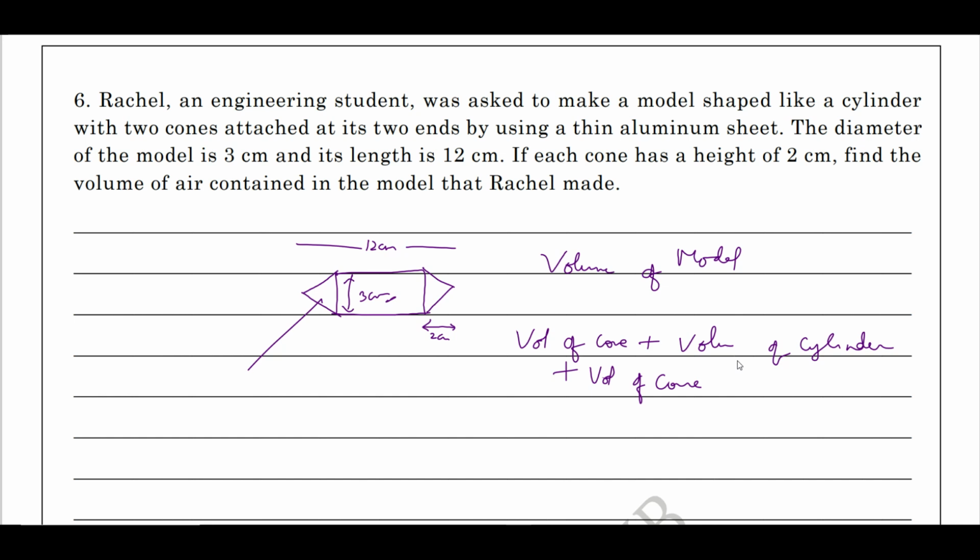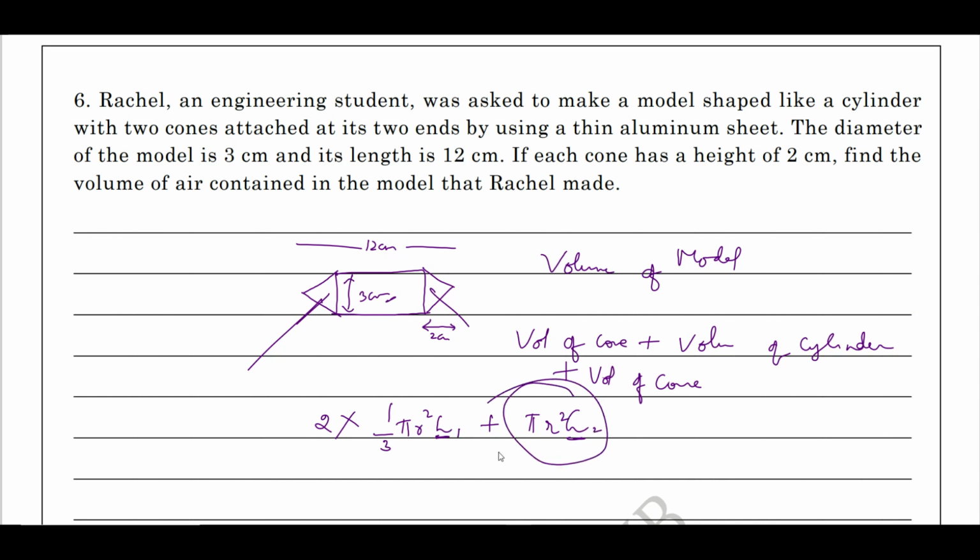Volume of cone will be 1 by 3 pi r square h. 2 times 1 by 3 pi r square h, because we have two conical portions, plus volume of cylinder will be pi r square h. The height of cylinder will be different, so I'll take these as h1 and h2.